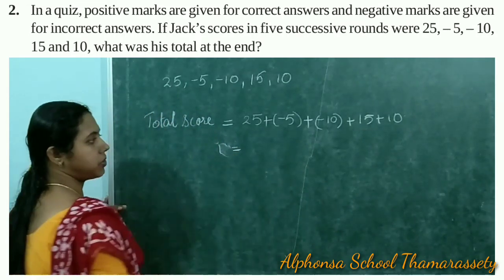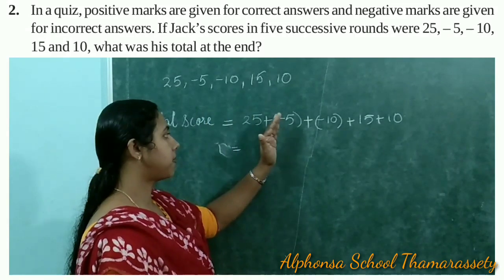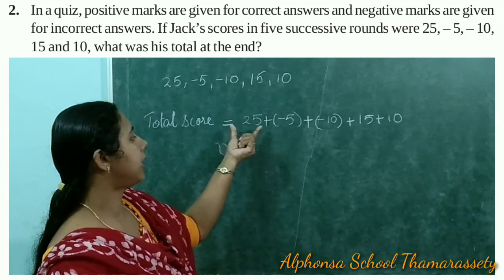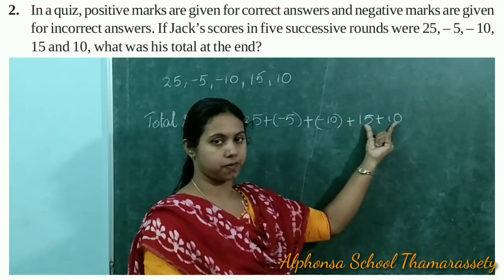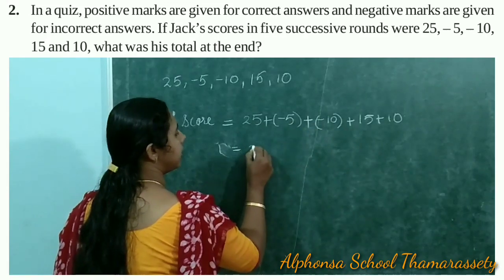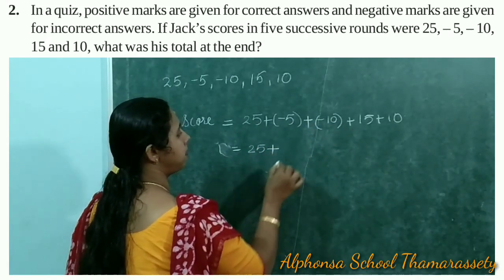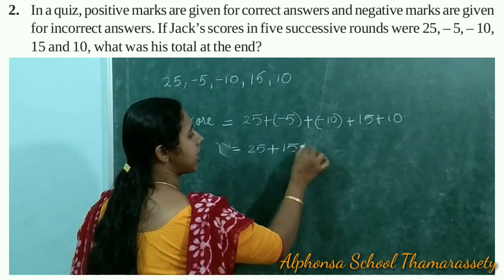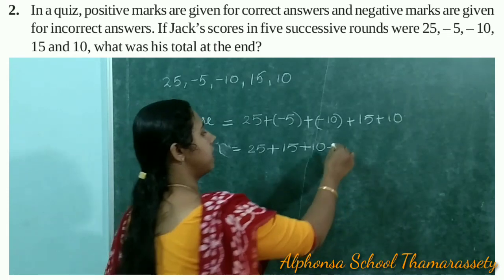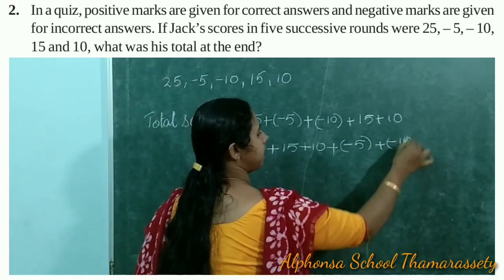That is equal to, when you are adding positive numbers and negative numbers, do one thing: you can add the positive numbers first. So rearrange this. Write the positive numbers first: 25 plus 15 plus 10, then write the negative numbers: minus 5 plus minus 10.